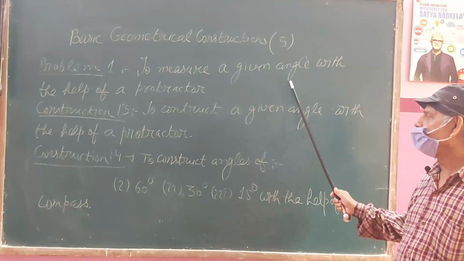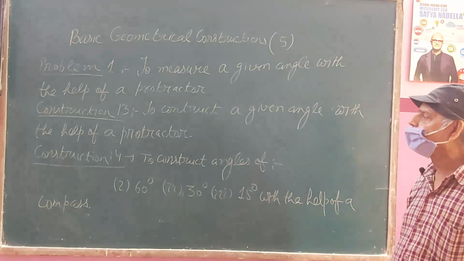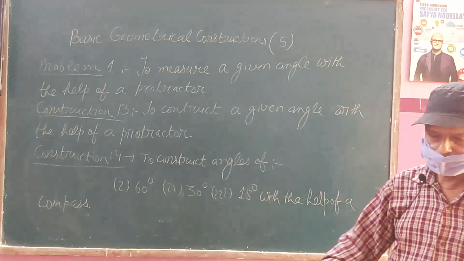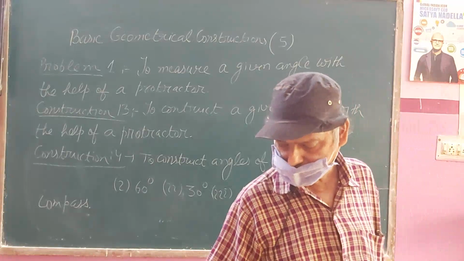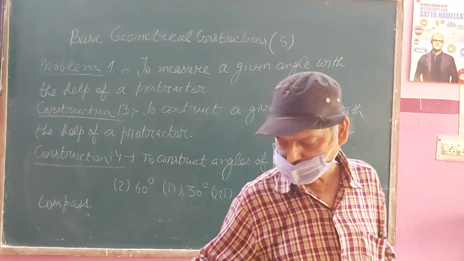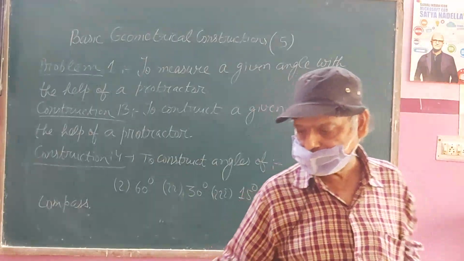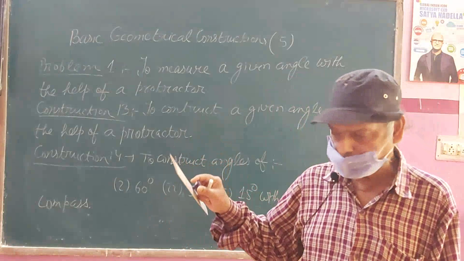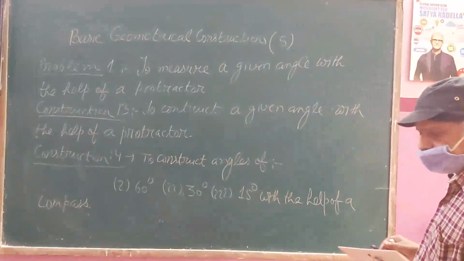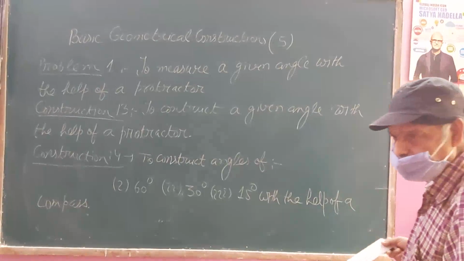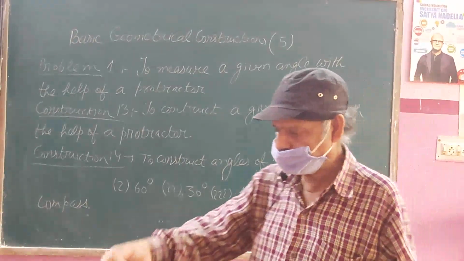So, the first problem is that we have to measure a given angle with the help of a protractor. As you know well, in general terms we call it a D, but its actual name is protractor. I will make an angle with the help of this ruler or scale, then measure that angle with the help of this protractor. So, just follow this.